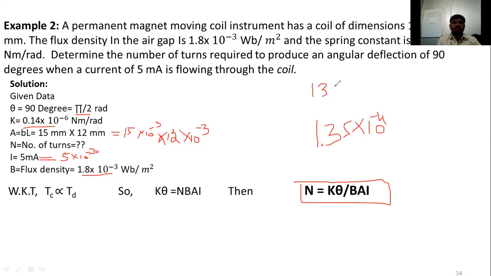Someone has told 135. Other than this, any answers?